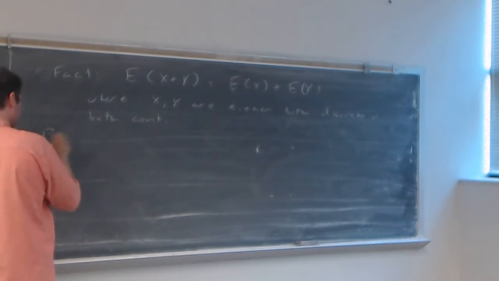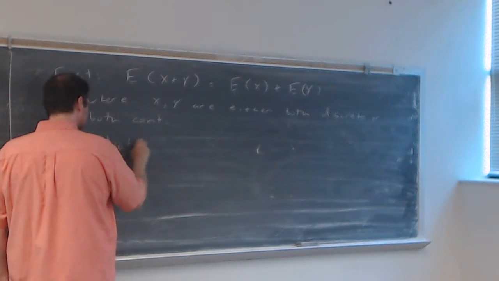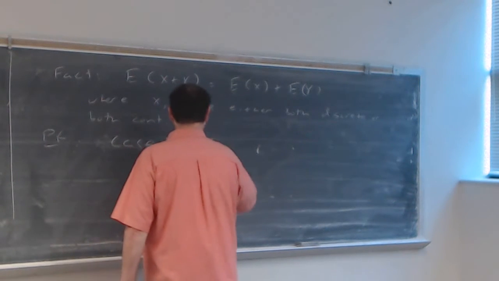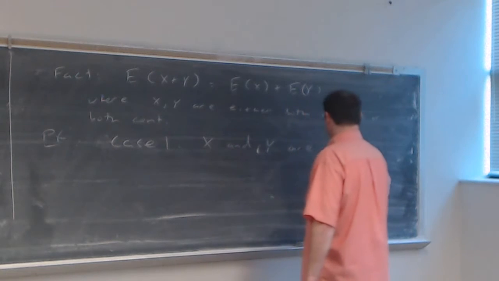And so here's the proof. Case 1, x and y are discrete.